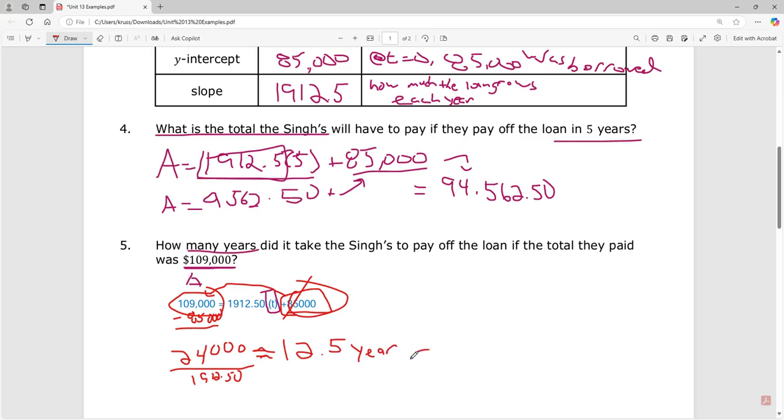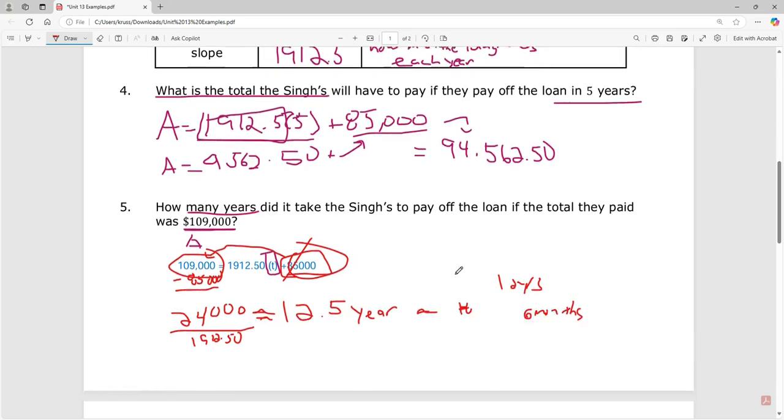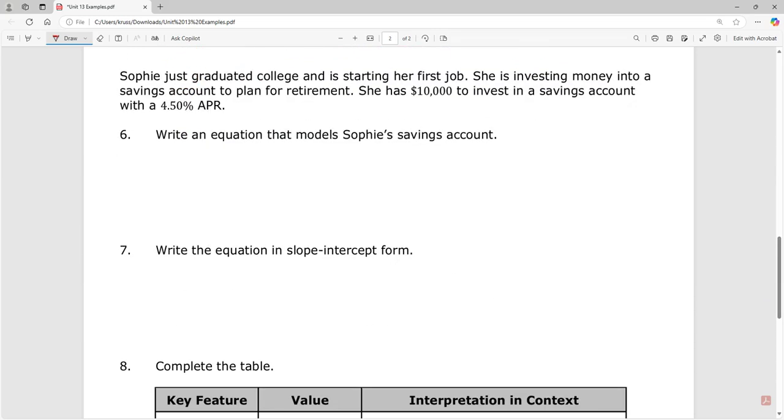It's actually 12.549. So it's like 12 years, 6 months, and a couple days. But that's okay. You can say almost 13 years is approximately how long it takes to pay off the interest.